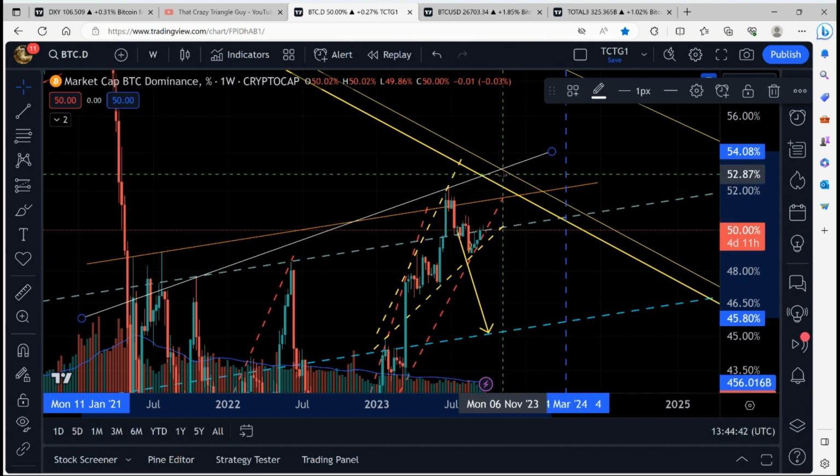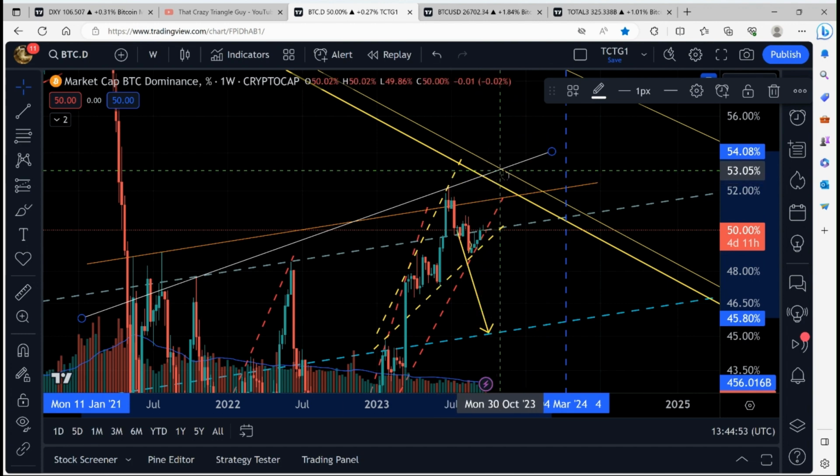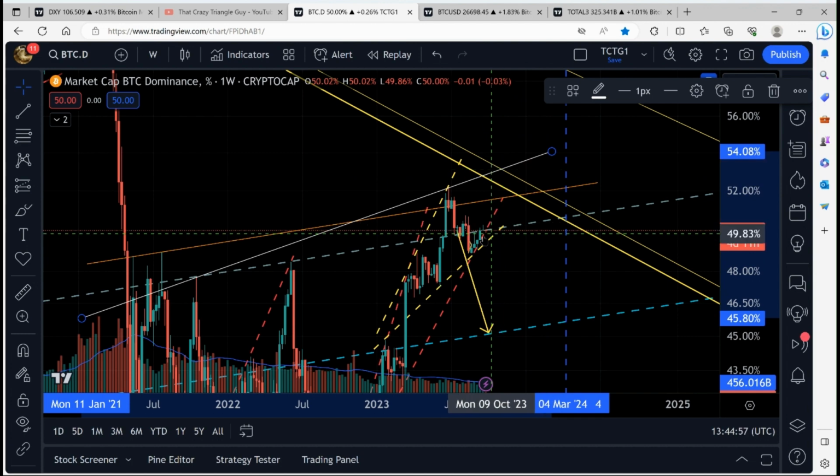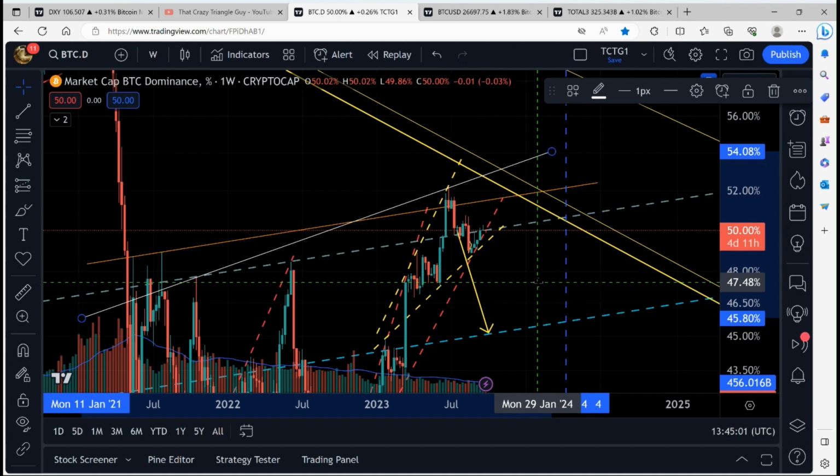And what is this date here? Yeah, see, that's the end of October. And what is this here? That's right now. Okay, so that looks like a good scenario playing out. All right, move on.